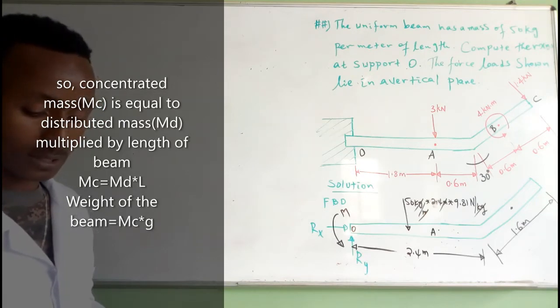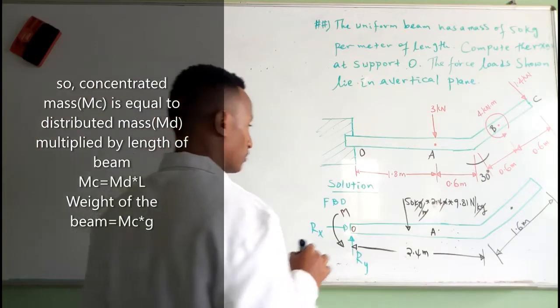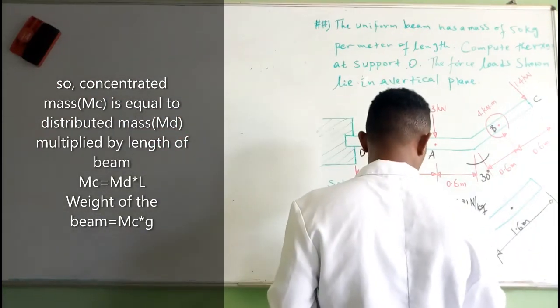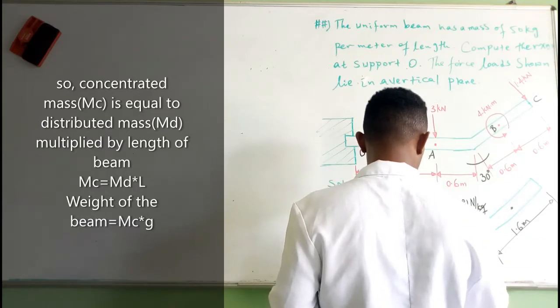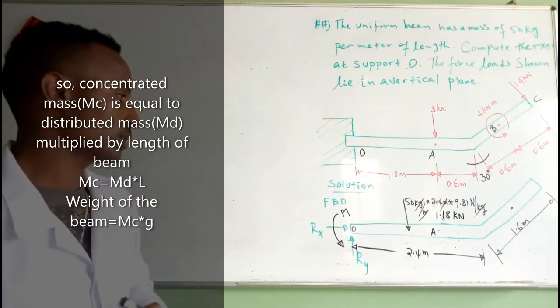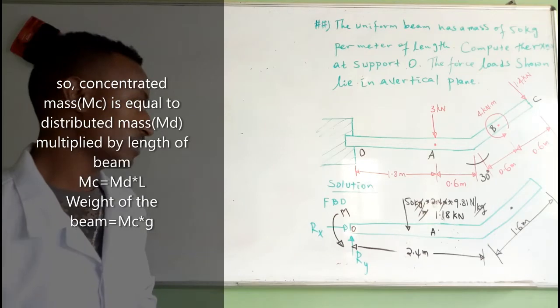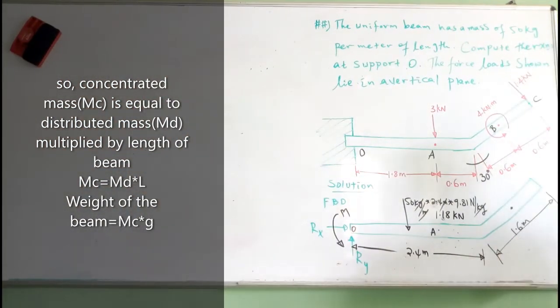That becomes 1.18 kilonewton. When we measure in kilonewton, it becomes 1.18. And in this inclined part, we have also the weight.